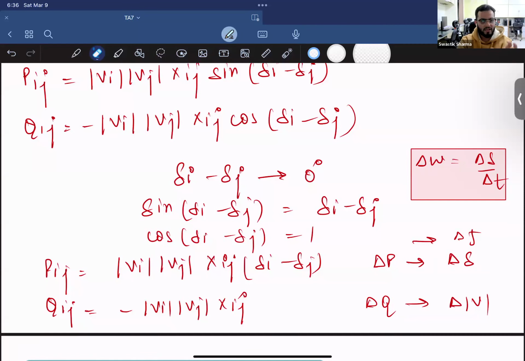It's close to zero. If you do small angle approximation, sine of a very small angle is equated to the small angle itself, because since it's small, it won't change much, right? And cos of delta I minus delta j, since it's cos of close to zero, will also be one. So that's why we include one only over there. That's how this whole dependency on frequency and voltage magnitude comes into play.